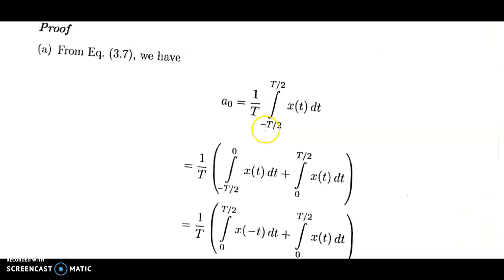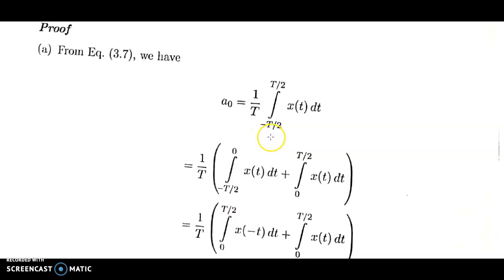Also, the limit of integration can be taken from minus T by 2 to T by 2, so that we'll get that final result. Here also, this is one complete cycle, T by 2 minus minus T by 2 will give you T. So the integration is done for one complete period.